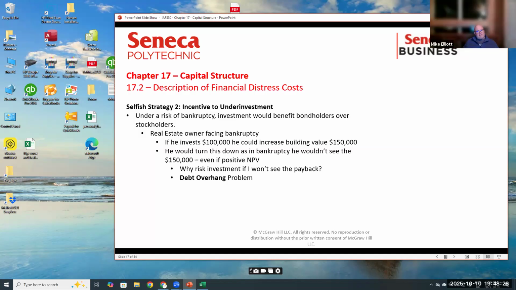Once again, we're playing with human nature. I'm going to look in my best interest. This is called debt overhang. If the debt blows up, I see nothing. And in that case, I'm not going to put more money in because I'm just chasing good money after bad at this point. Now what happens?